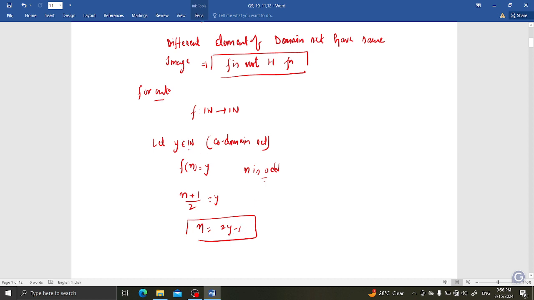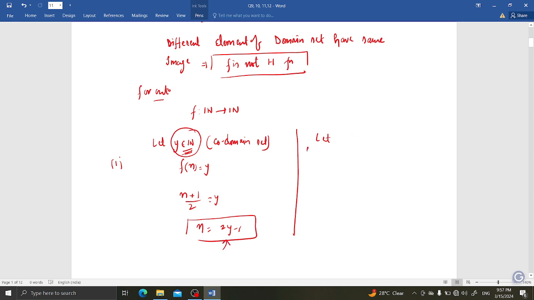That means for each element I choose from the codomain set, we have its preimage, which is odd. In the first case I take f of n equal to y, and without loss of generality I assume f of n equals (n plus 1) upon 2. So for every natural number we have a preimage, that is 2y minus 1.